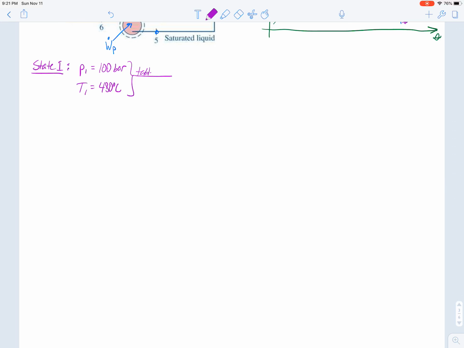So I can go to tables, or I could use software such as FluidProp, and I can determine the enthalpy, 3,321.4 kilojoules per kilogram, and then I can go ahead and grab my specific entropy as well, 6.5282 kilojoules per kilogram Kelvin.